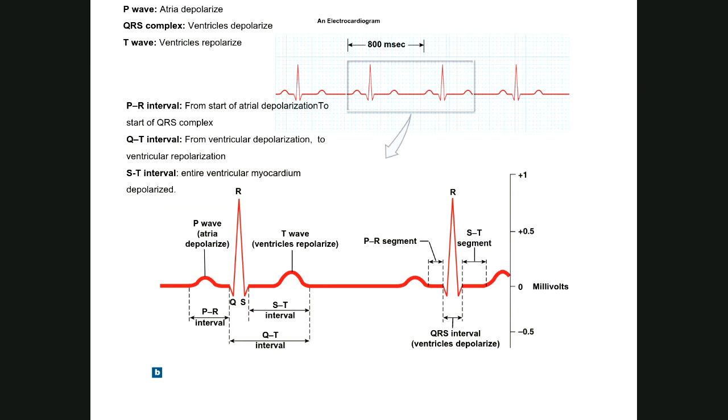And we have the ST interval, which is the entire ventricular depolarization. This is a normal ECG that shows a normal reading, with proper wave levels for each of these.